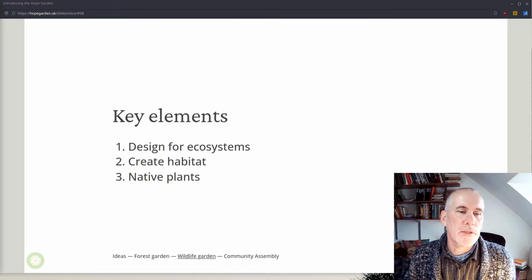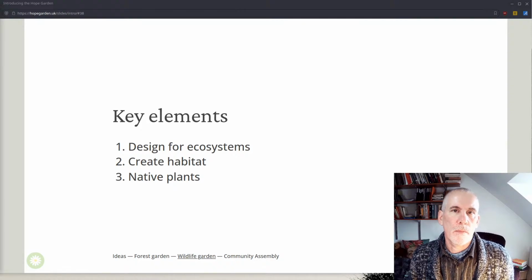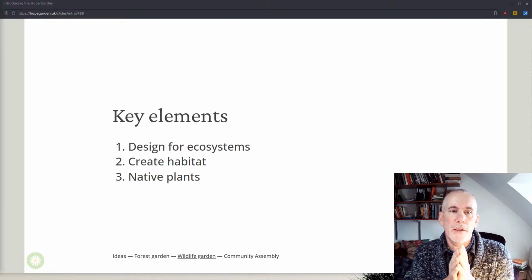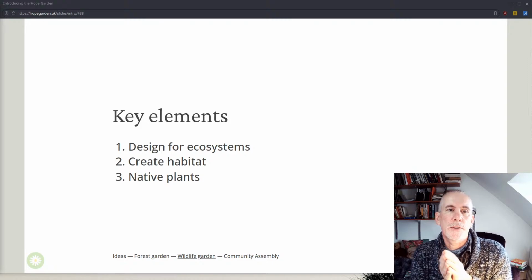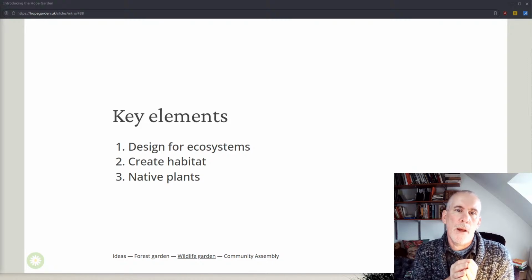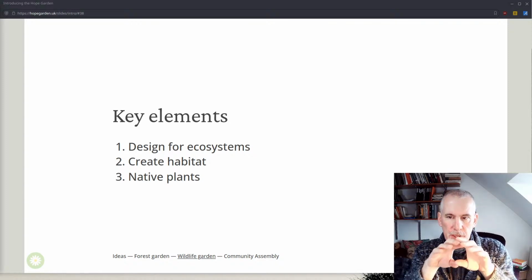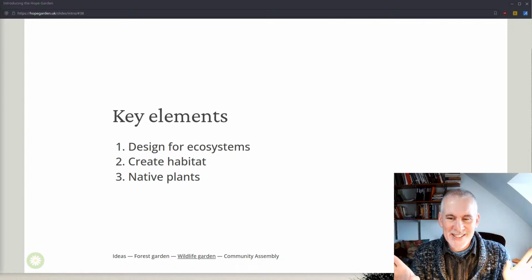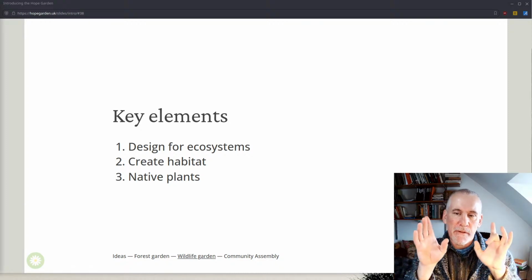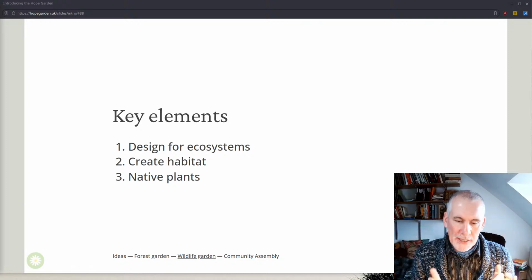So the key elements for a wildlife garden: you're designing for ecosystems, and quite simply, there are two elements to this. You're designing for all the species, and that is providing the habitat for those species.